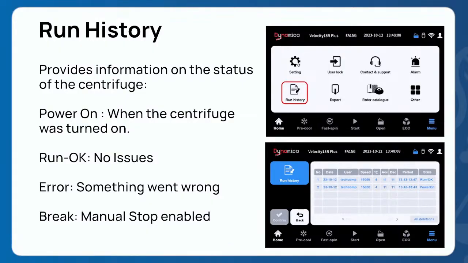In our centrifuge, in the home screen, you can press the menu and then enter the submenu where you will find the run history icon.